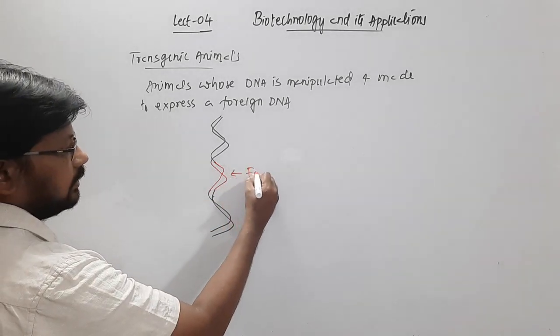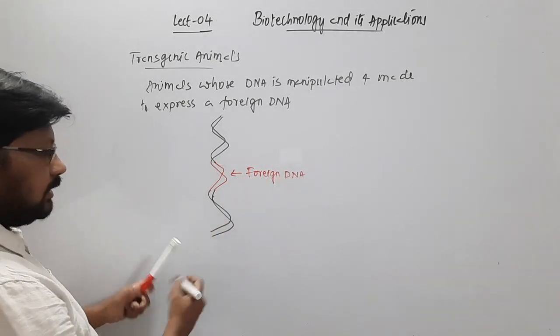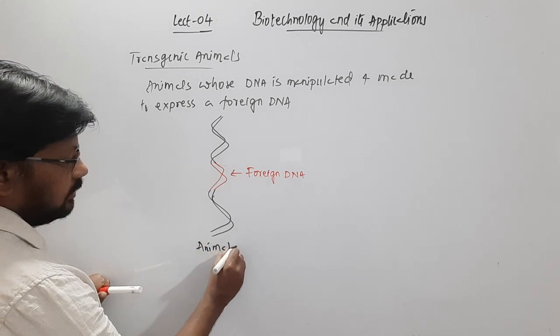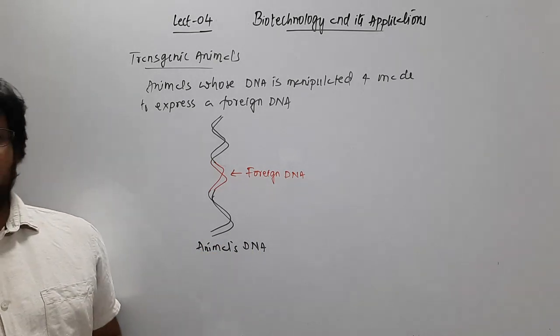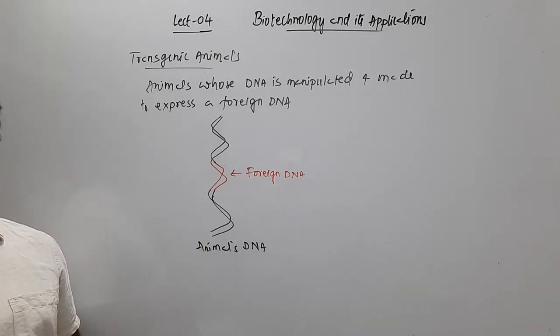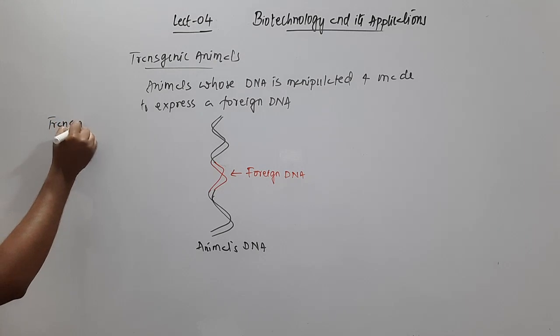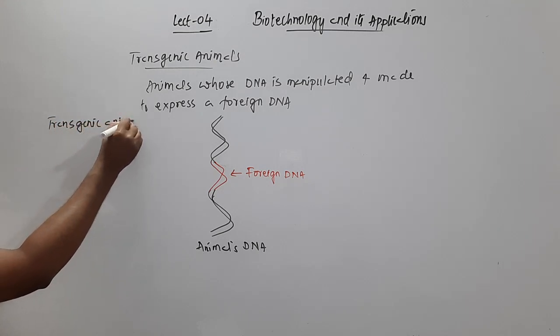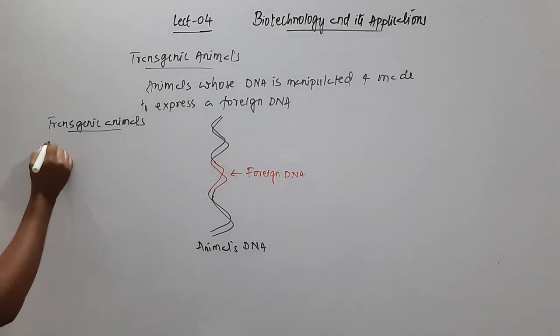This is the foreign DNA, and this is the animal's DNA. This is what I call manipulated DNA or altered DNA of that animal, and now the animal is called a transgenic animal. Like this, as I told you already, we have produced many transgenic animals. Many animals' DNAs we have altered, like we have made transgenic rats.